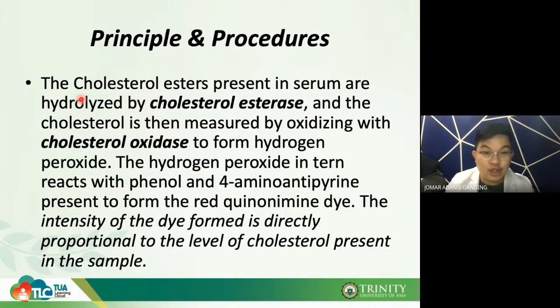Cholesterol esters are your bound cholesterols, bound to a carrier molecule or whatsoever. After that, the cholesterol will be oxidized by cholesterol oxidase, and upon its oxidation, it will produce hydrogen peroxide.